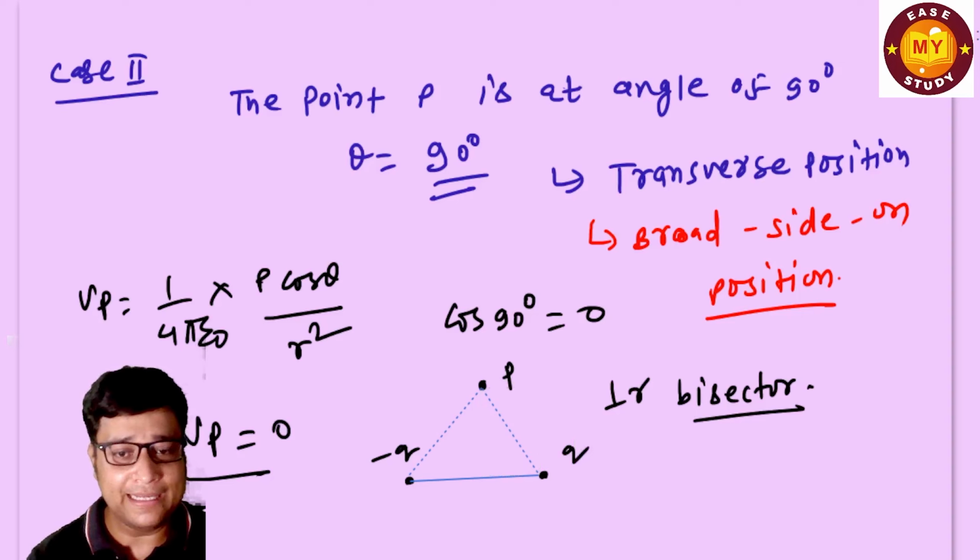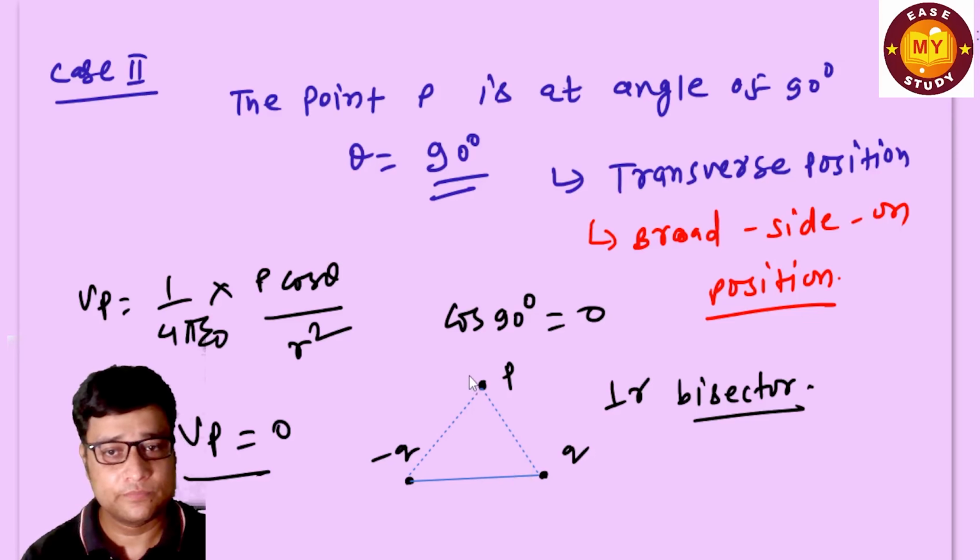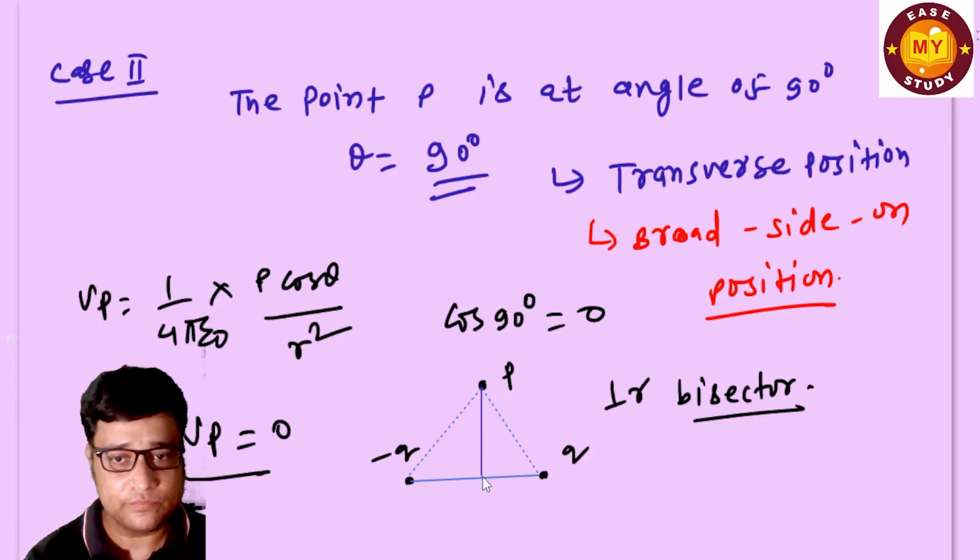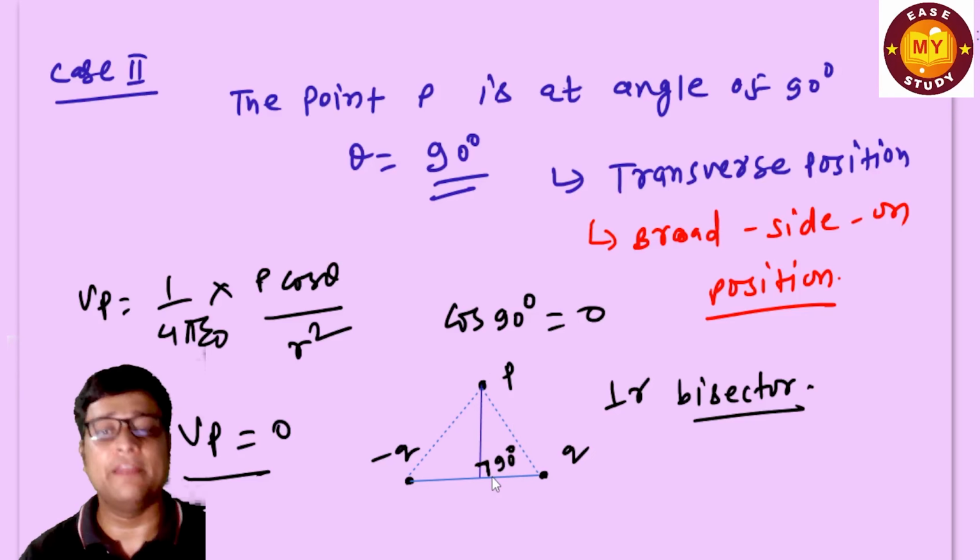Now your point is located from the midpoint, from the center, somewhere here, on the perpendicular bisector. I say this angle is 90 degree.